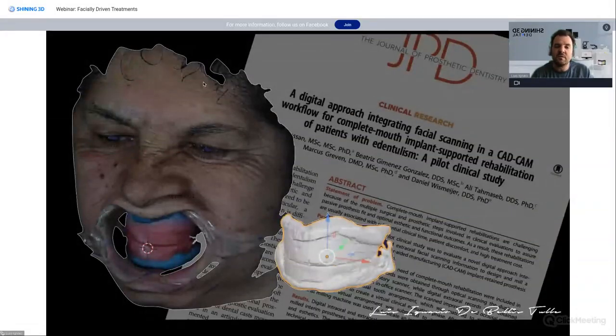But what facial scanning won't do or won't solve is if we have done a bad intermaxillary relation. If we don't have our mandible positioned in the correct place, believe me, none of this is going to work.